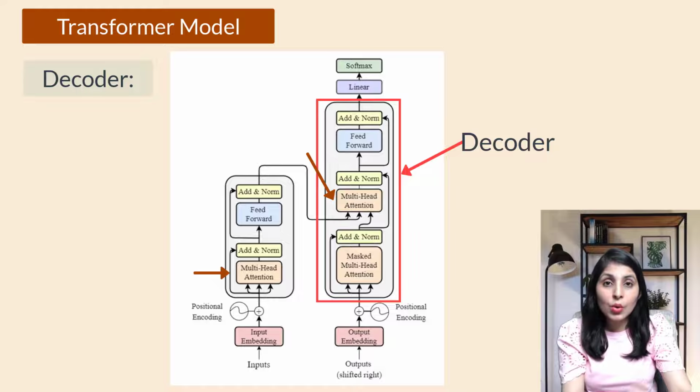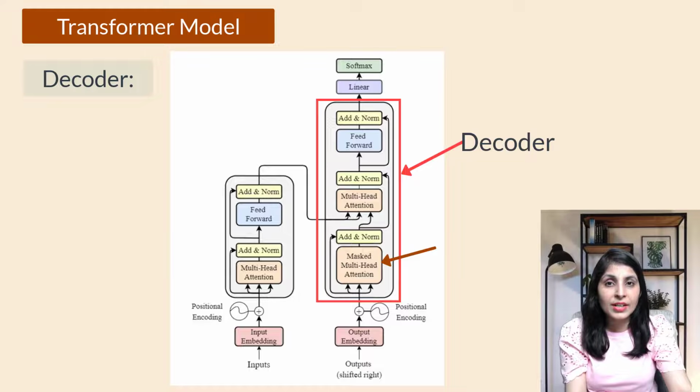Now the decoder uses this self-attention to understand the relationship between the words in the output sequence it is generating. Okay, so it attends to different words in the output sequence to capture dependencies and determine their relevance to each other. Okay, so then we have masked self-attention.